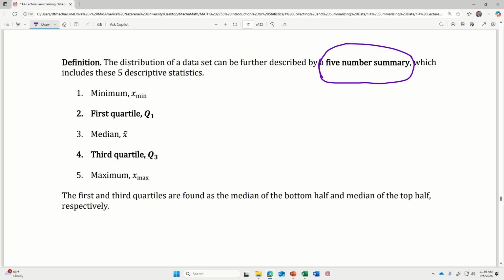Above and including the median. So it's like the top half, bottom half medians. Let me write that out here. This first quartile is the bottom half median. And then the third quartile is going to be the top half median.